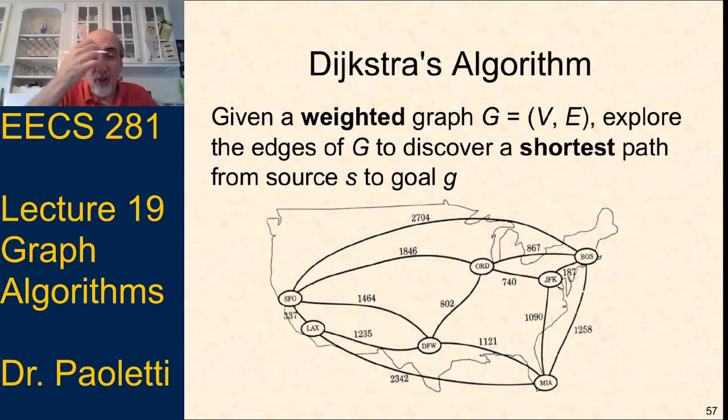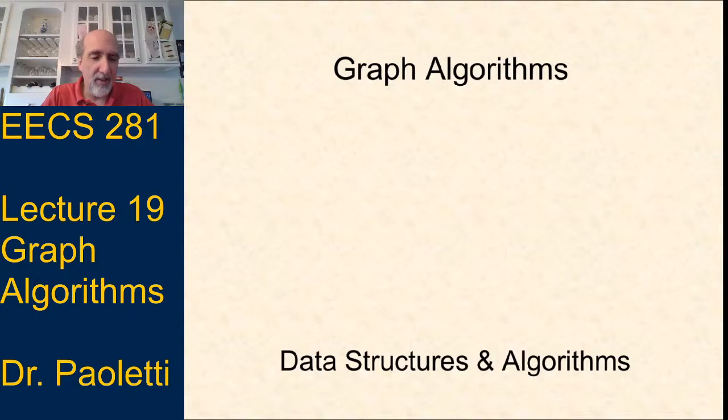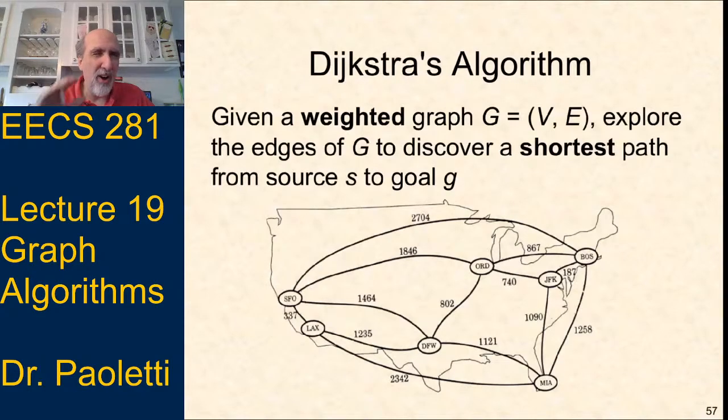Now, Dijkstra's algorithm, which we're going to come back to in a future lecture, is going to discover the shortest path from the start to the goal, even if the edge weights are not all the same. There's another restriction we're going to have to add when we do Dijkstra's, but assuming we meet that restriction, it will find the shortest path.